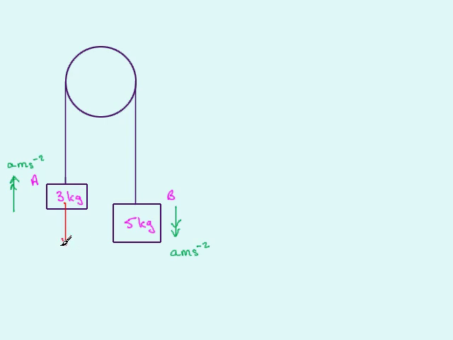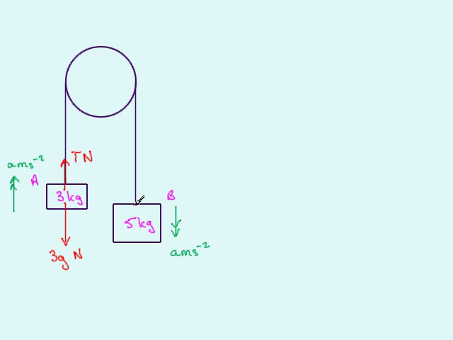So the weight on this one will be 3 times the acceleration due to gravity, which is g, so that's 3g newtons. There'll be a tension which will come through from the string here, so that acts upwards, and I'll mark that in as T newtons. They're the only forces now acting on the 3 kilogram mass.